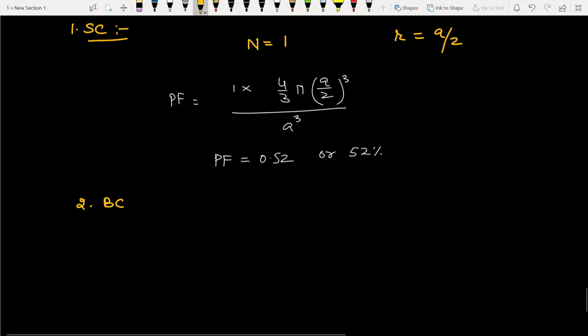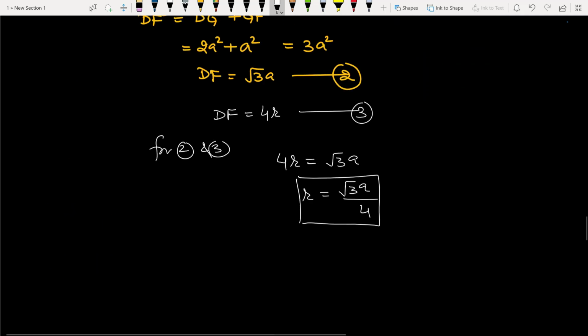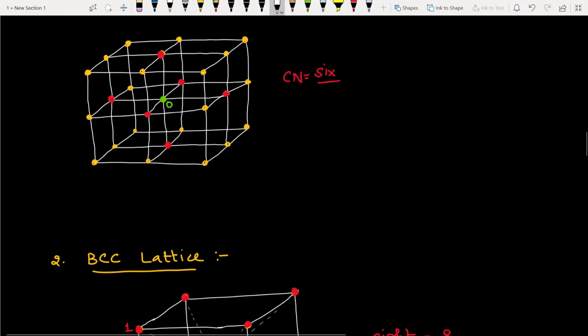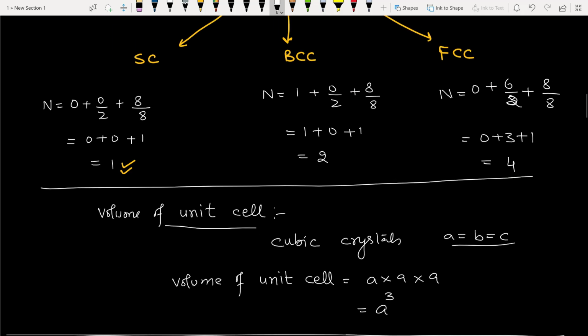Second is the BCC arrangement. For BCC, the number of atoms is 2 and R is equal to root 3 a by 4. You can check these values as well.